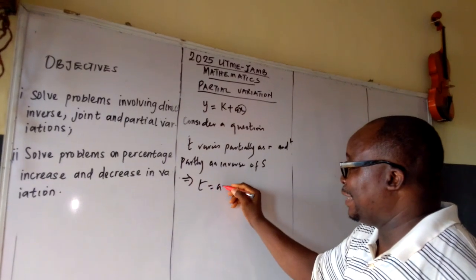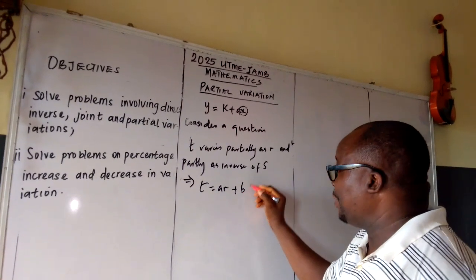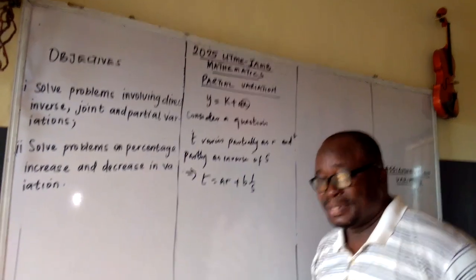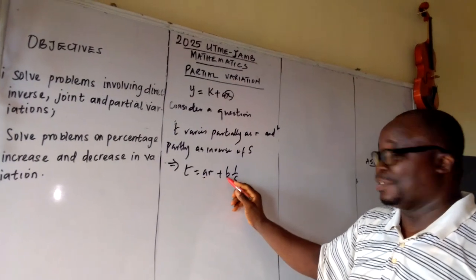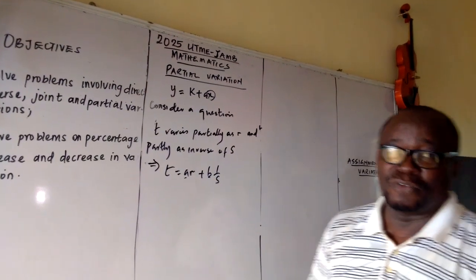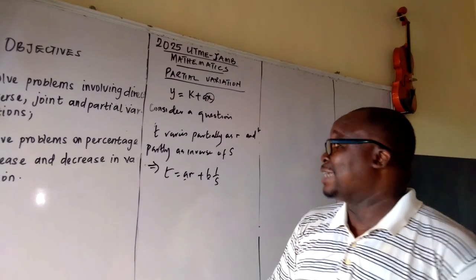T is equal to AR plus B inverse of x. Now, where this A and this B are the constants of proportionality. So that's how we represent it.